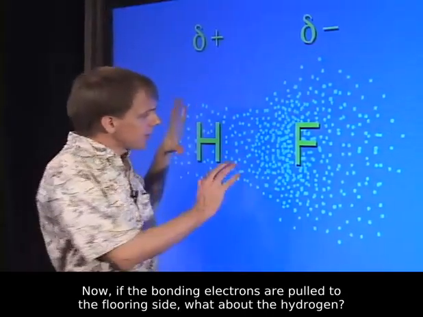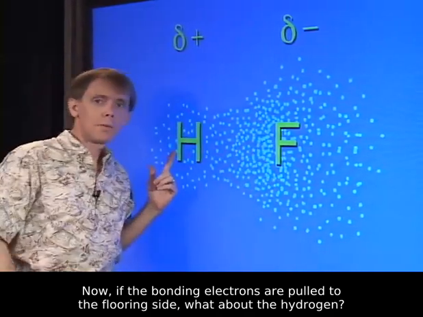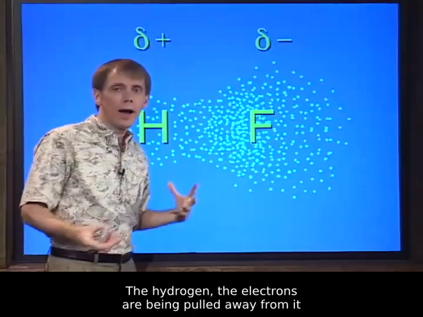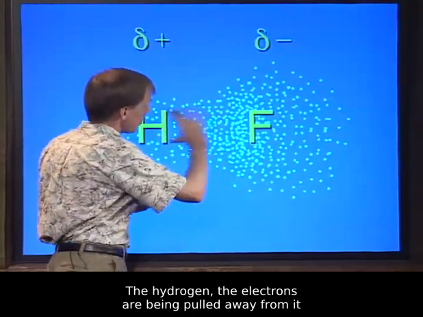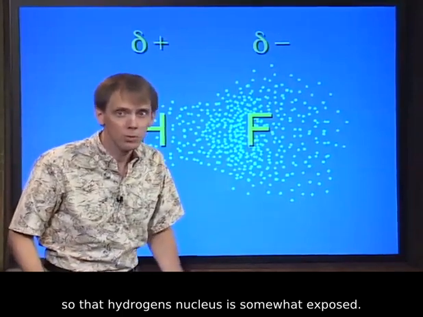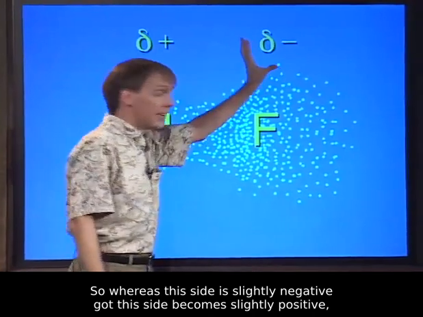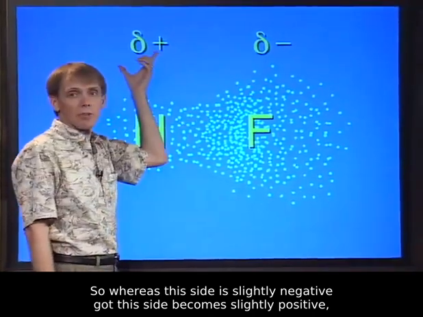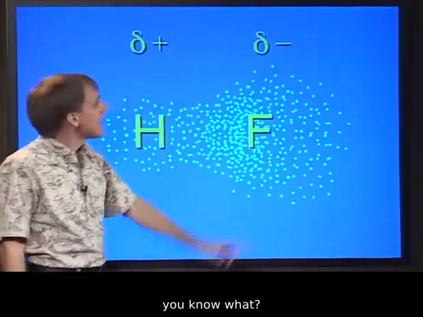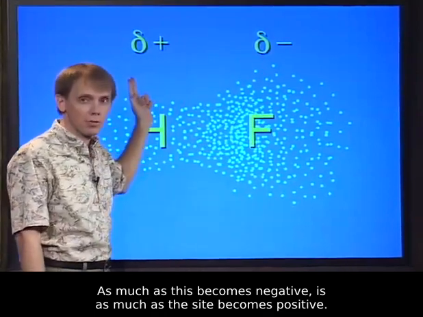Now, if the bonding electrons are pulled to the fluorine side, what about the hydrogen? The hydrogen, the electrons are being pulled away from it, so that hydrogen's nucleus is somewhat exposed. The nucleus is positively charged, right? So whereas this side's slightly negative, this side becomes slightly positive. And you know what? As much as this becomes negative is as much as this side becomes positive.